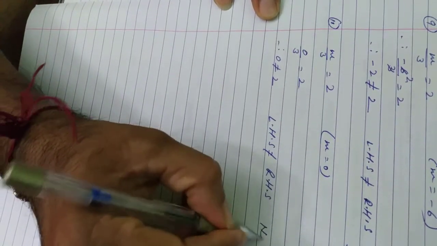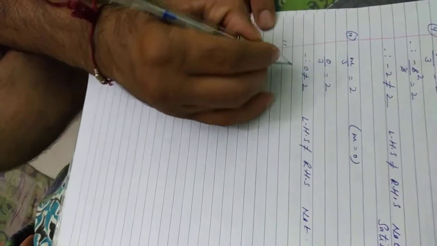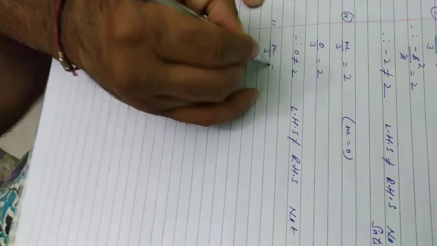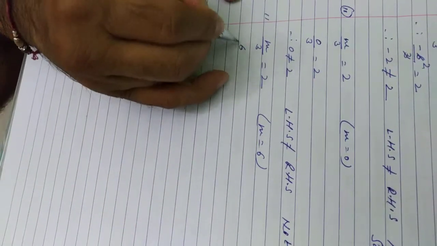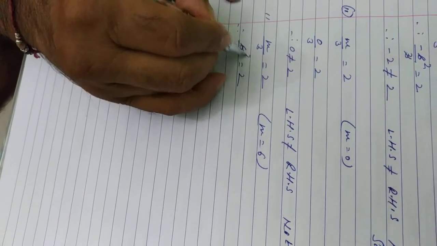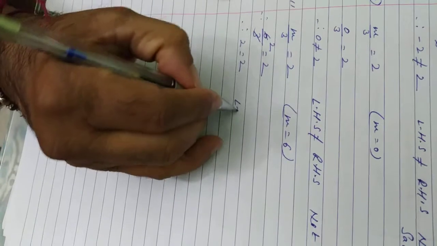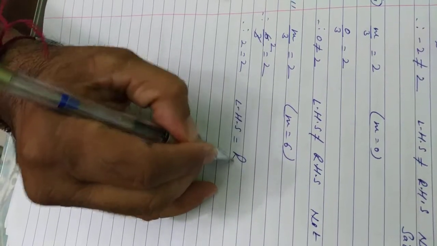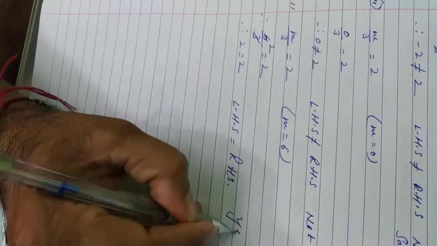So again not satisfied. 11th, which is the last, m upon 3 is equal to 2 where m is equal to 6. So 6 upon 3 is equal to 2. 3 twos are 6. Therefore 2 is equal to 2. So we can say the left hand side is equal to the right hand side, right? So it is satisfied.